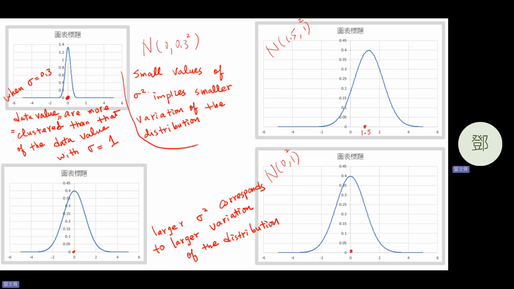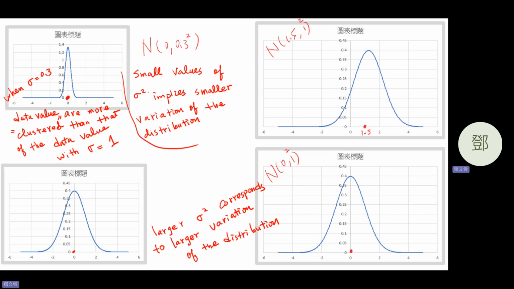The first parameter, mu, determines what? Yes, very good, it determines the location. And the second parameter determines the shape of the distribution curve.